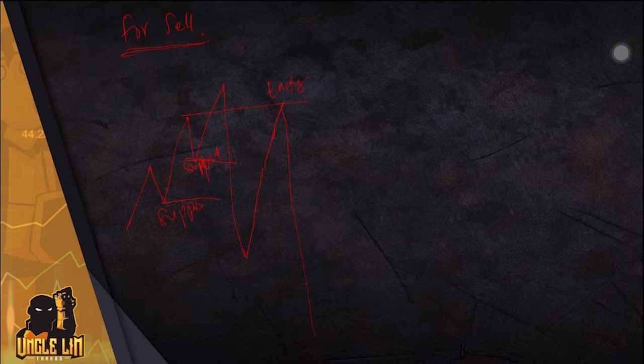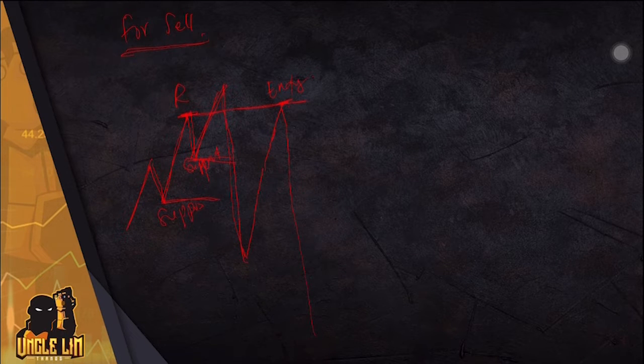So what happens for this pattern, it will look like this. There will be a first support, and then a second support, and it will break this resistance and break these two supports. There's a resistance here. It will break these two supports and the price will pull back and we entry at this resistance level.